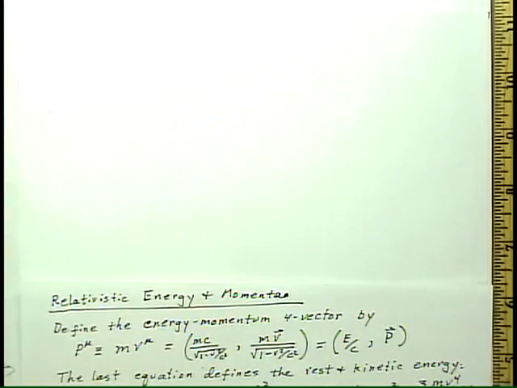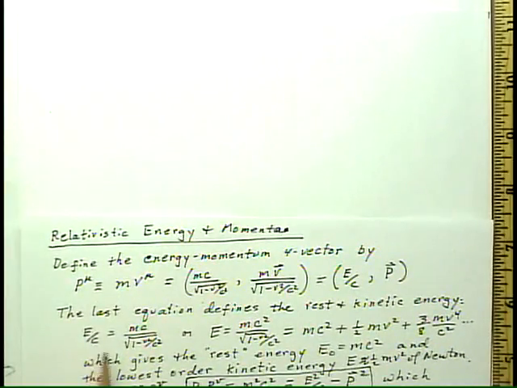In this equation, we explicitly defined E over c to be p naught, or mc divided by the square root of 1 minus v squared over c squared. Multiplying both sides of this equation by c, we get the famous formula E is equal to mc squared divided by the square root of 1 minus v squared over c squared.